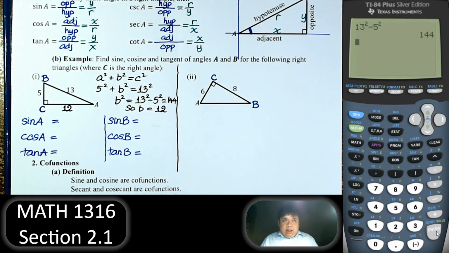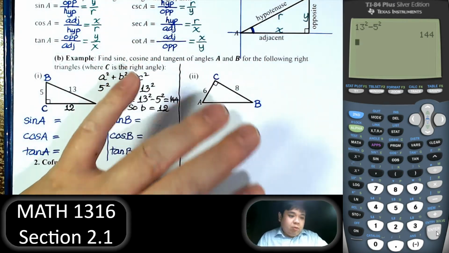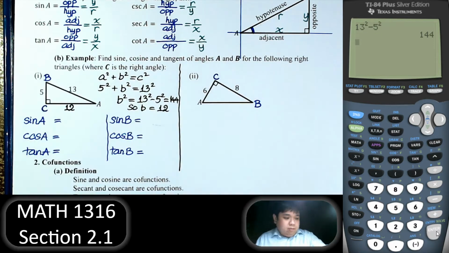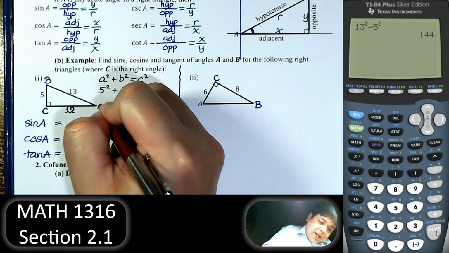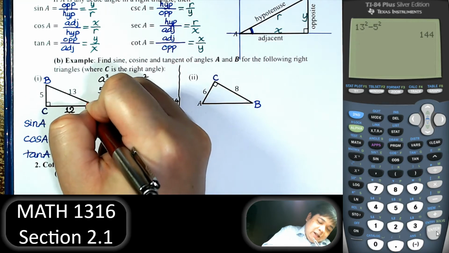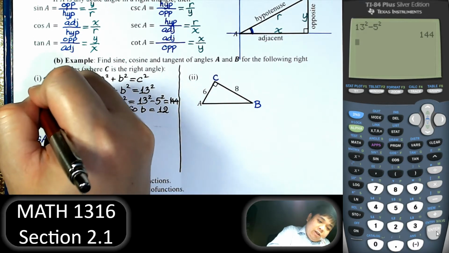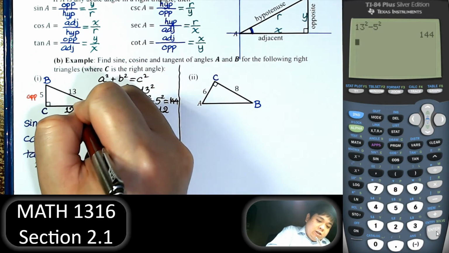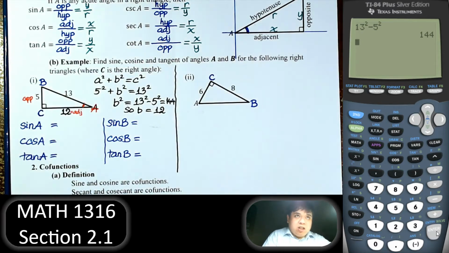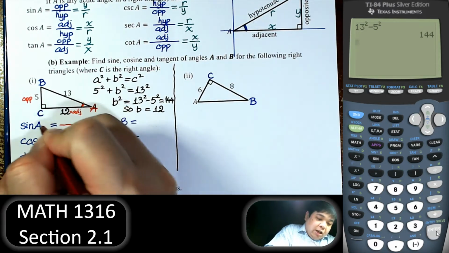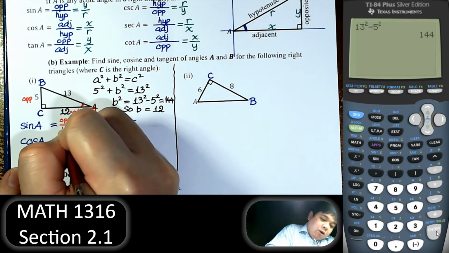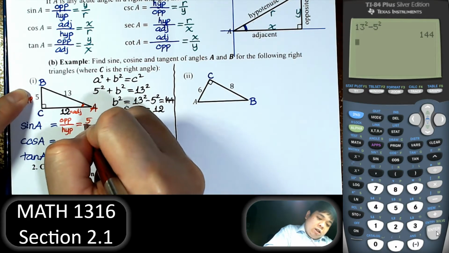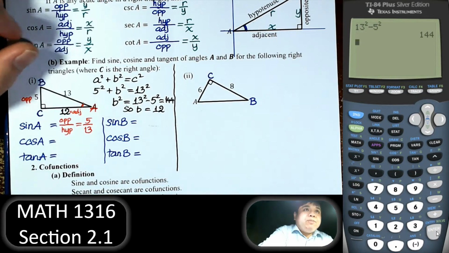Now, define based on the trigonometry of the right triangle. With respect to this angle A, opposite is going to be 5, adjacent is going to be 12, and hypotenuse is still 13. So sine is opposite over hypotenuse: opposite to angle A is 5, hypotenuse is 13. Straightforward.